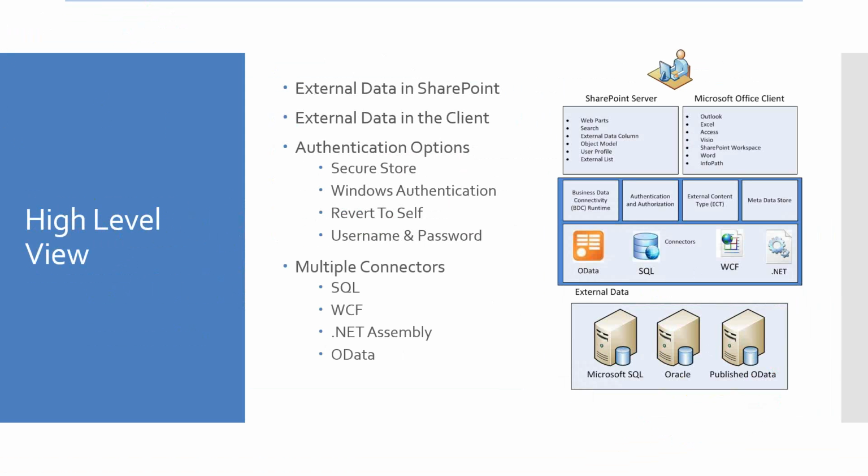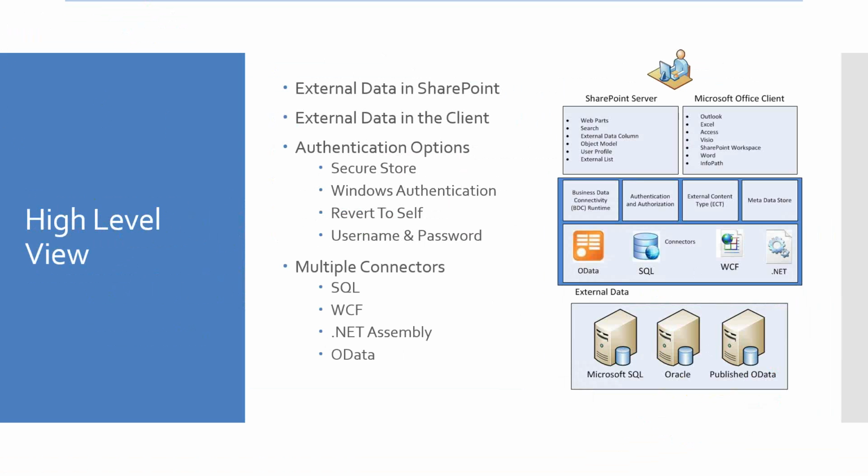In order to connect to those external data sources, we have some built-in connectors: OData, SQL, WCF, and .NET assemblies. If you don't see the external data source that you want to connect to, don't be put off, because I'm going to show you how we can connect to almost any external data source using Business Connectivity Services.